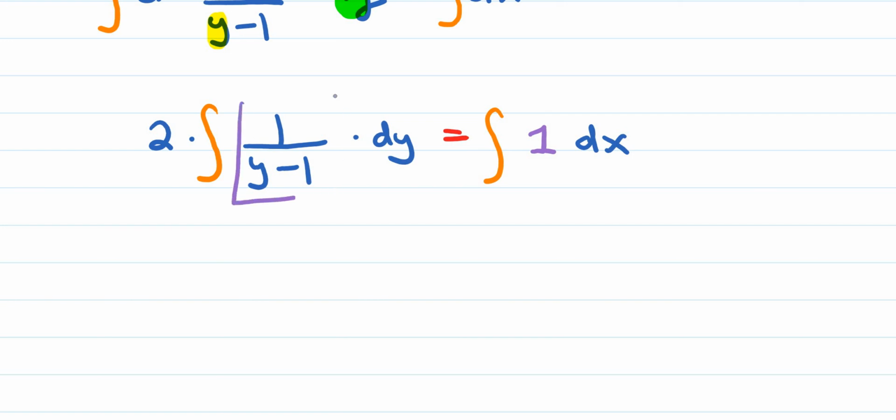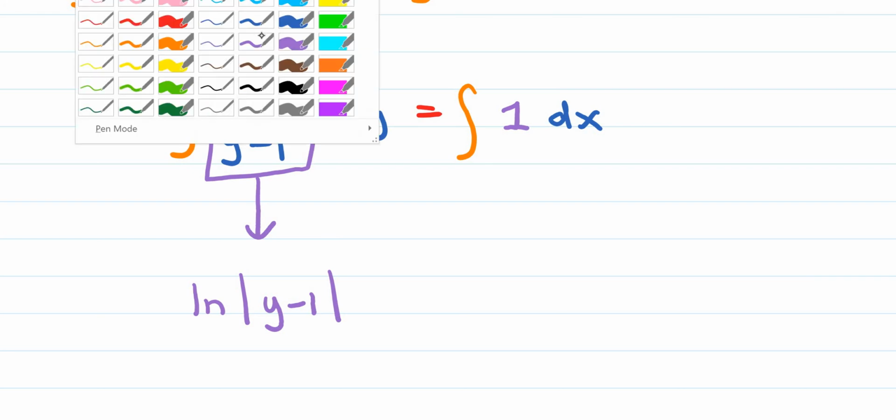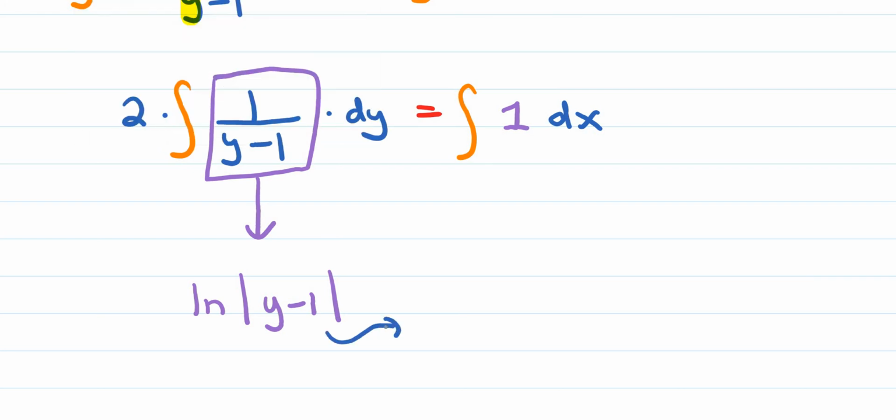Now this part right here has come up a few times in this video guide. You don't have to use u substitution here to do this. I know that it's going to be ln because there's a 1 on the numerator, and I'm going to leave this as y minus 1 in the absolute value. And once I take the derivative of this, it's 1 over y minus 1 times 1, and that matches up with that.